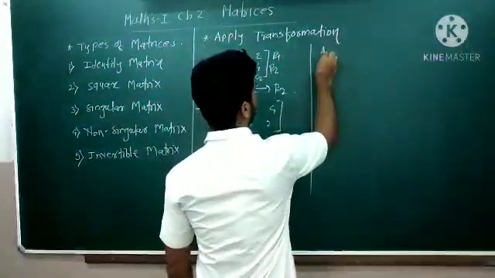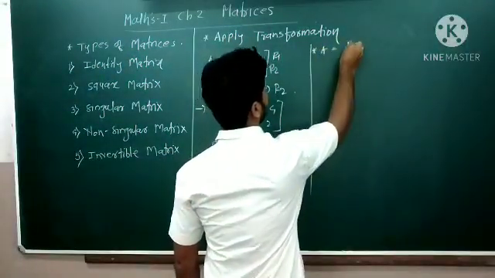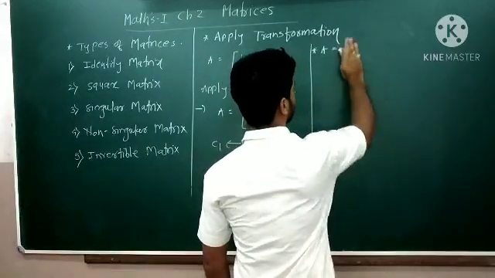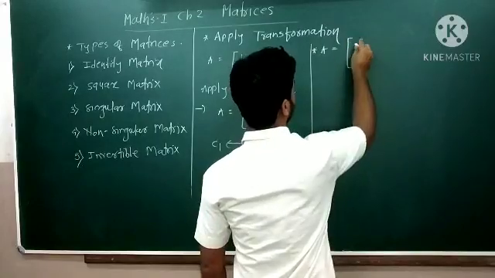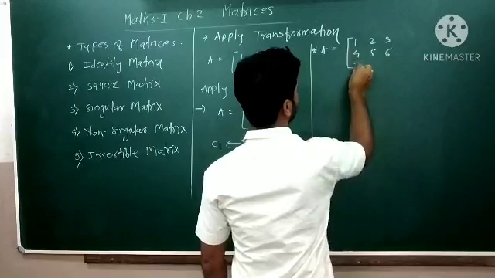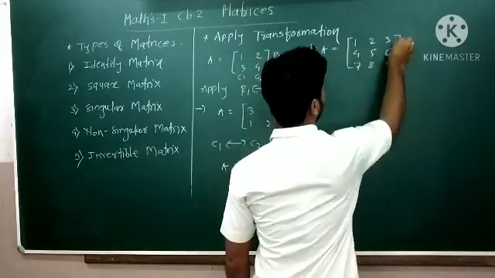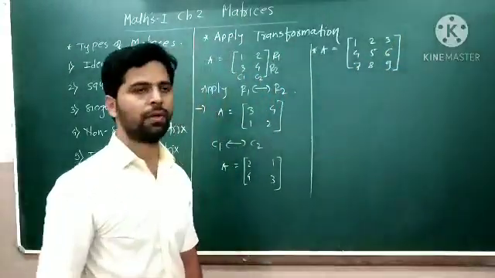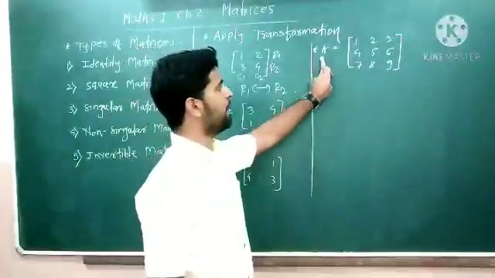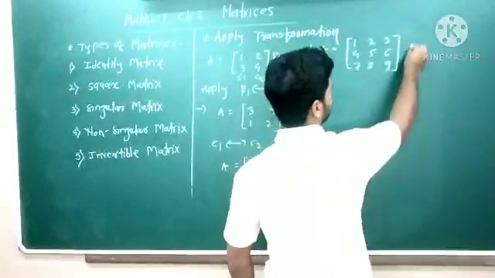Suppose you have any matrix like this. A equal to 1, 2, 3, 4, 5, 6, 7, 8, 9. This is the matrix. Then on this A matrix we have to apply this transformation.